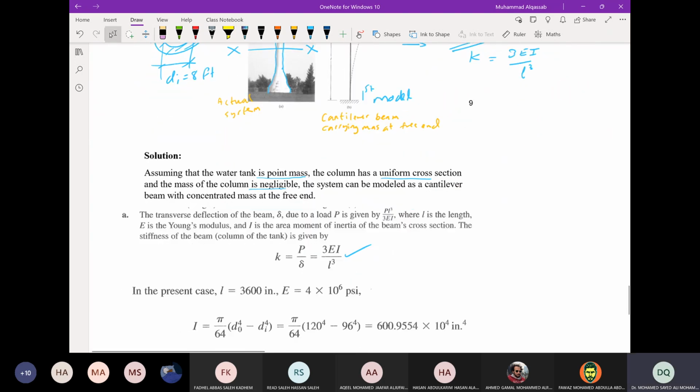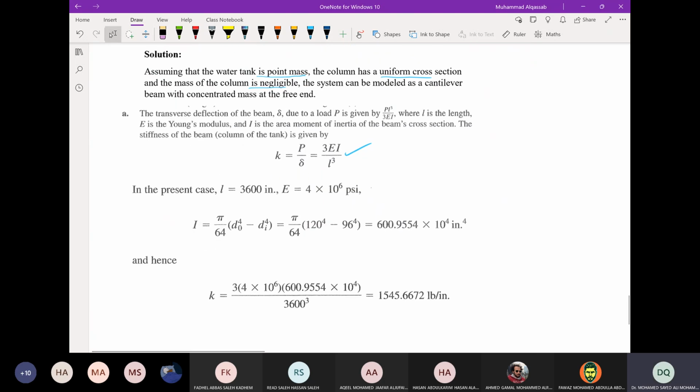For a circular cross section, I is pi d to the power 4 over 64. But this is tubular, which is hollow. It means you have to take the moment of inertia of the outer minus the moment of inertia of the inner. For a solid shaft, I equals pi d to the power 4 over 64, which is the moment of inertia in bending.